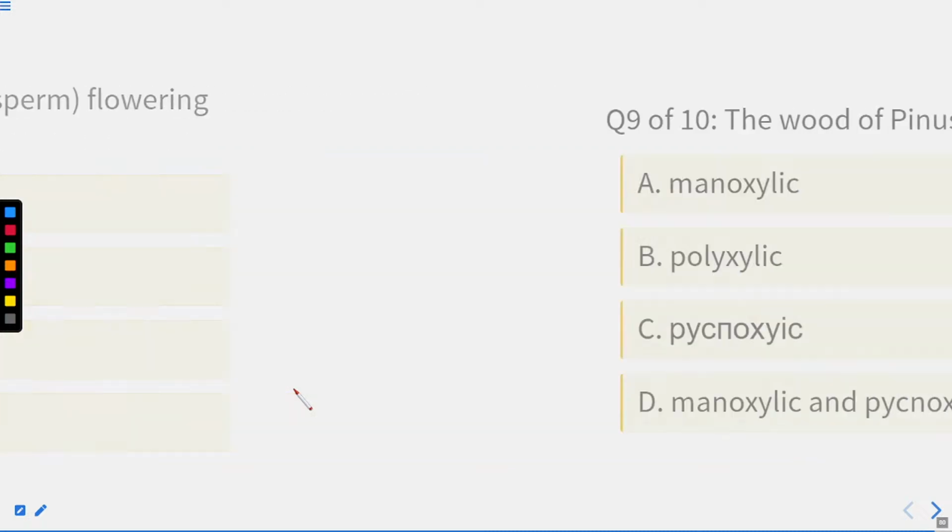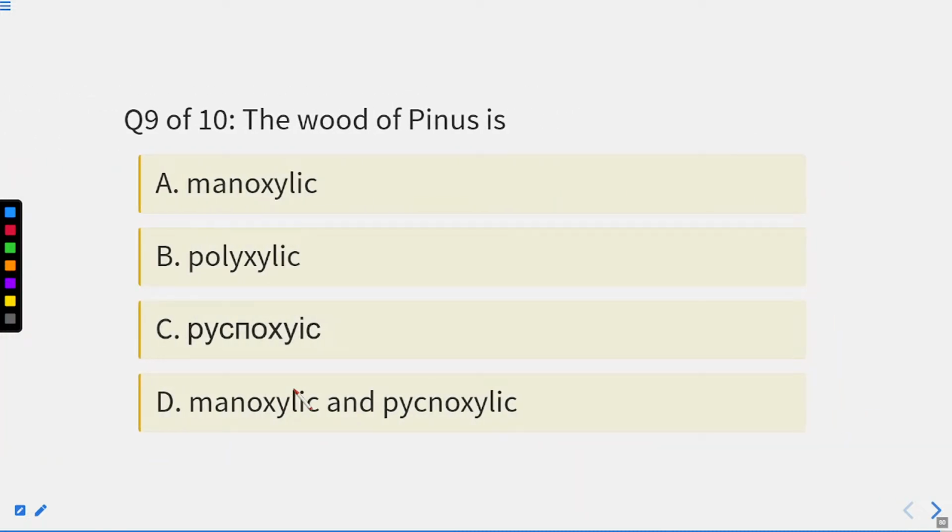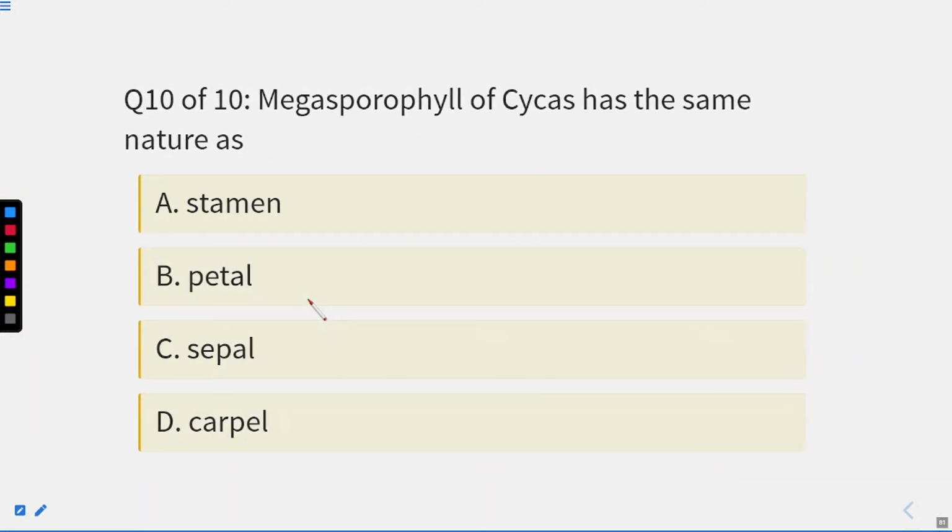Moving to the next question. The wood of Pinus is monoxylic, polyxylic, pycnoxylic, or manoxylic? This is pycnoxylic. Last question.